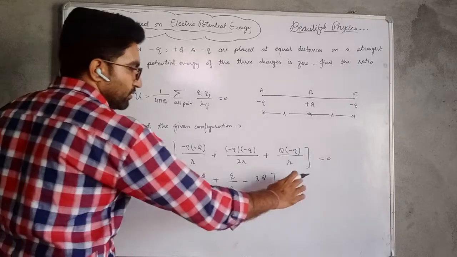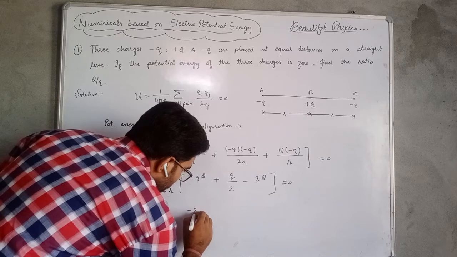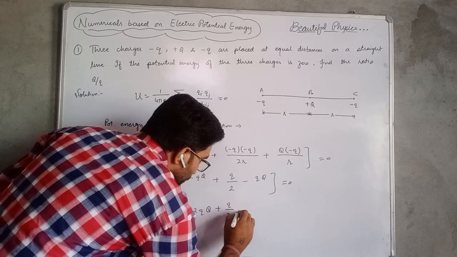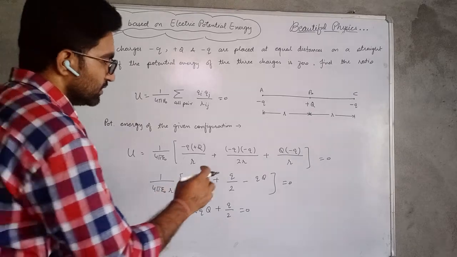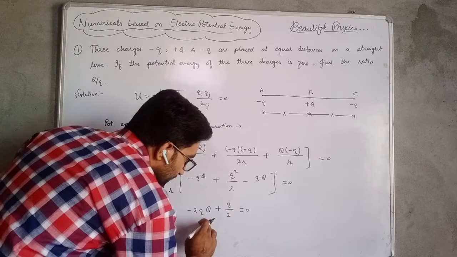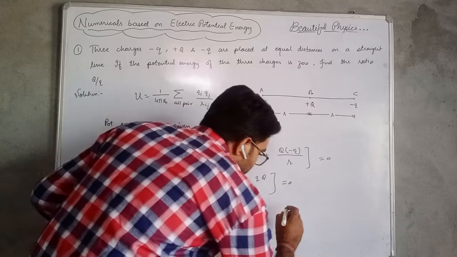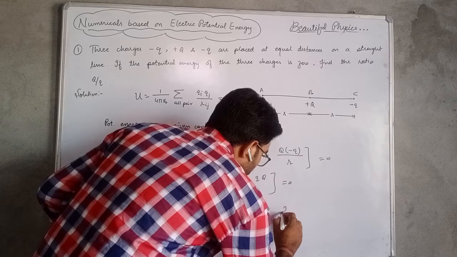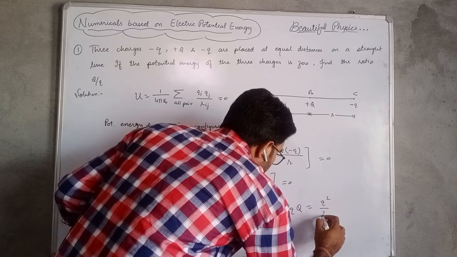This quantity multiplied on the right side becomes 0, and this can be written as minus 2q capital Q plus q square by 2 equal to 0. Taking this quantity to the left hand side and the rest to the right hand side, we have 2 small q capital Q equal to q square by 2.